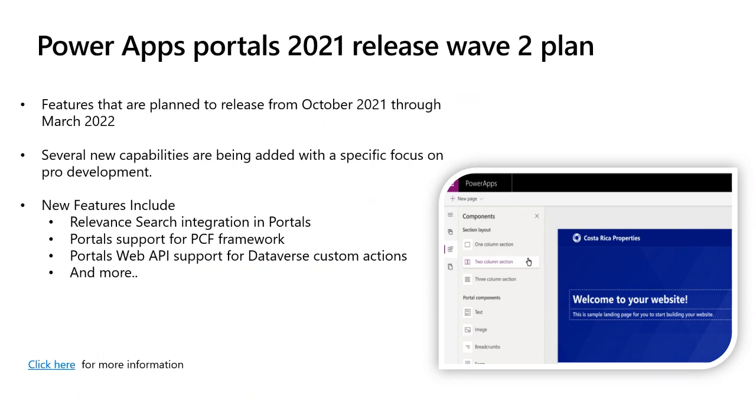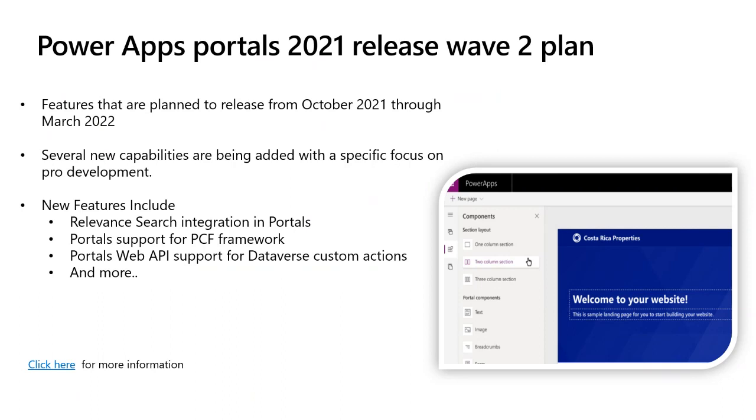There's also some core platform stuff like the relevance search integration, which is a great feature. This is a good example of something that, even though it's part of Release Wave 2, is a public preview that will be available in October. You can look at the Release Wave 2 plan site for the release plan on these things. Sometimes it's a public preview, sometimes it's GA. It just depends on the feature.